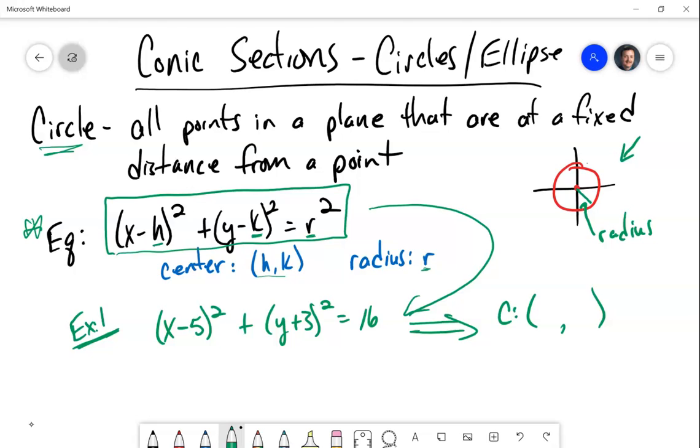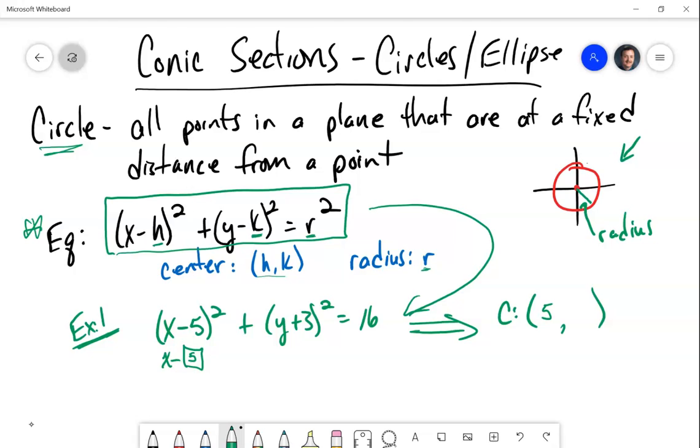Now notice up here in my standard equation of a circle, when it's x minus h, the x component of the center will be at this h spot. So x minus h, whatever h will be, is that x component of the center. So here I have x minus 5. So x minus what? And it is 5. So there's that first component for the center of the circle.